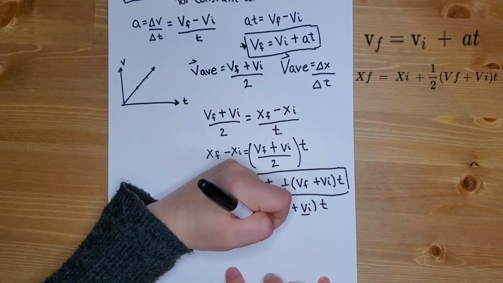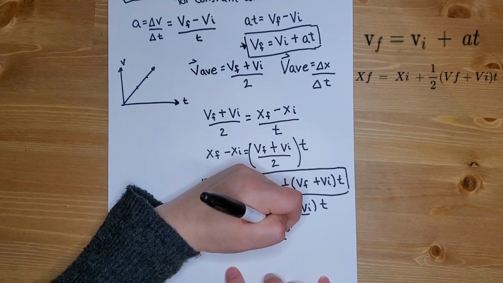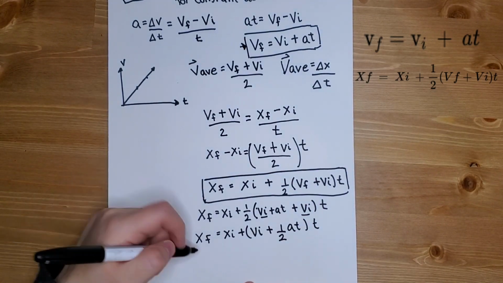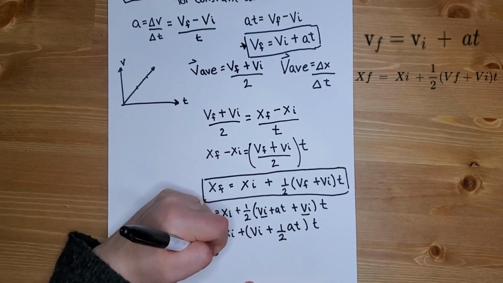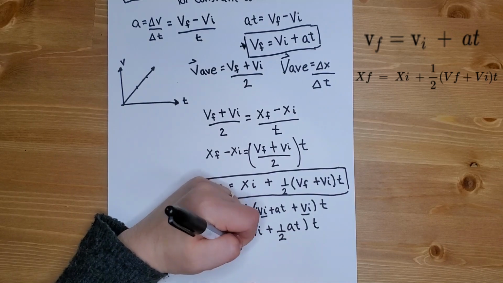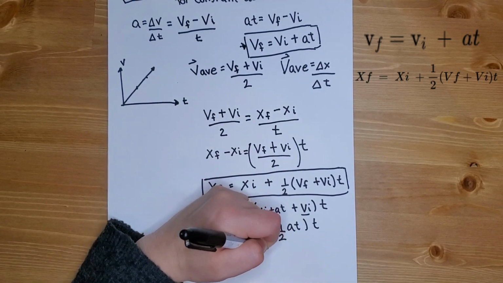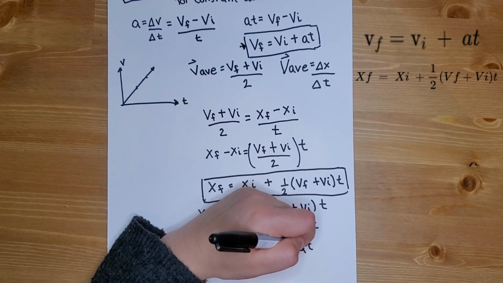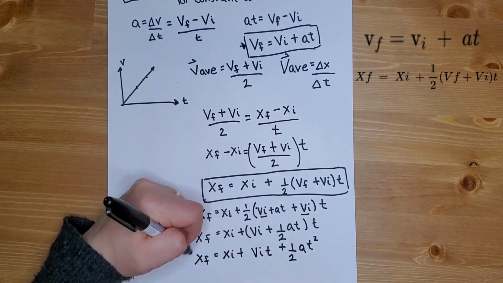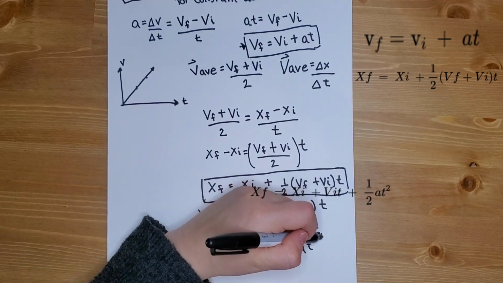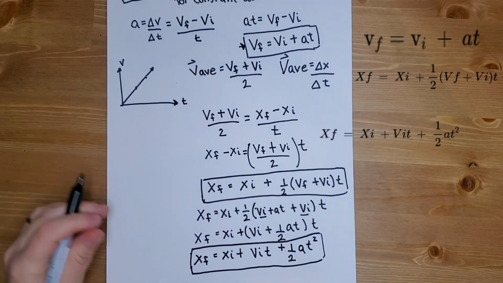Then I have plus 1/2 at, and all of these times t. So my x final equals my x initial plus my initial velocity times t plus 1/2 acceleration t squared. And that's my third kinematic equation that you usually see to solve for constant acceleration.